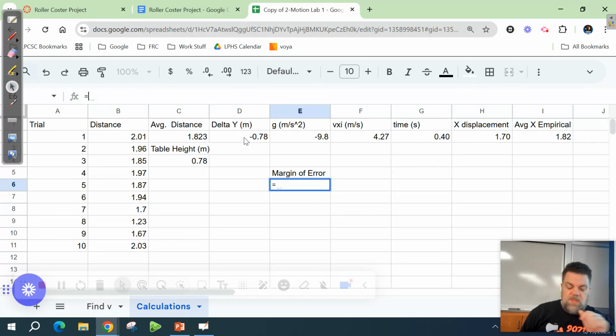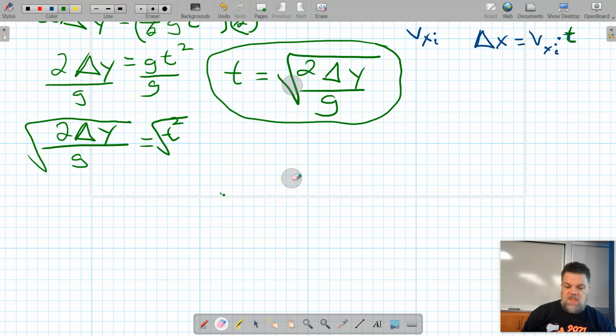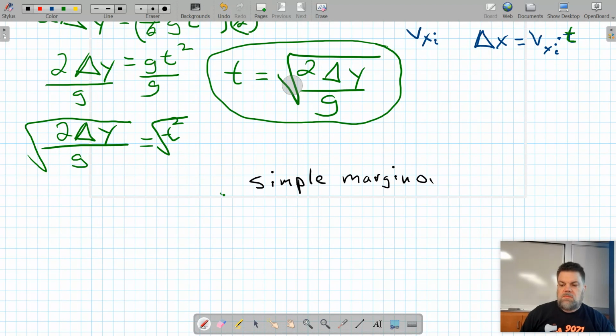So normally, let's write this down in our notes. One last thing. A simple margin of error, and maybe margin of error isn't the best term for that. You're really just trying to measure how far off you are.